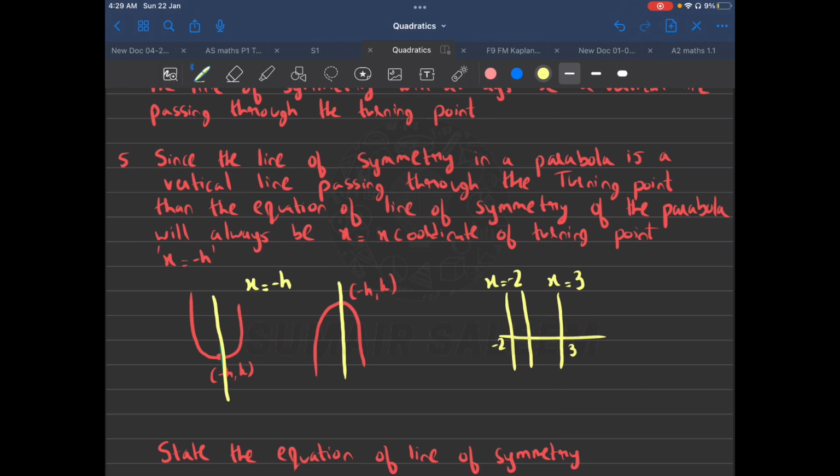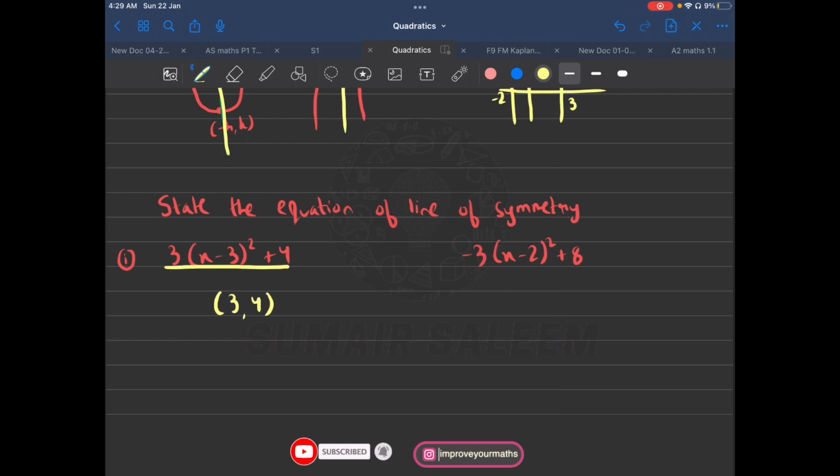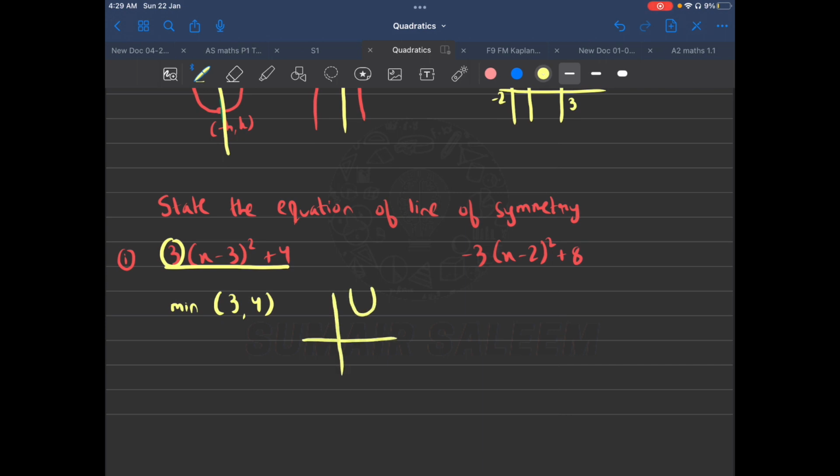Got this? Now let me do a few questions for you. You're supposed to write down the line of symmetry equation. What's my turning point? 3 comma 4. 3 is positive, that means minimum, which means the graph will look somewhat like this. And the line of symmetry will pass through the turning point.